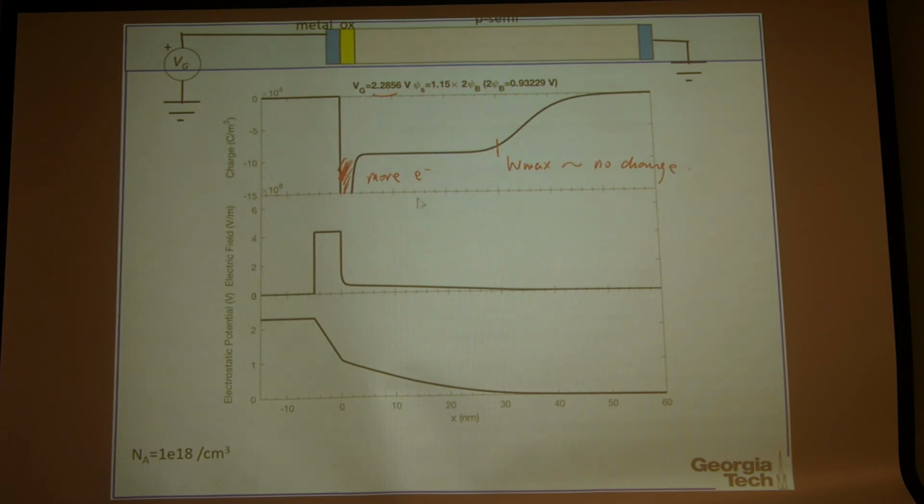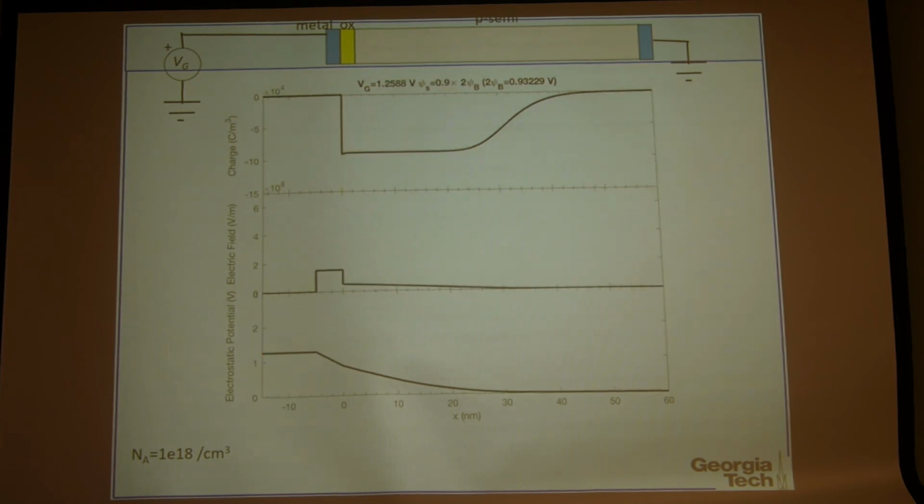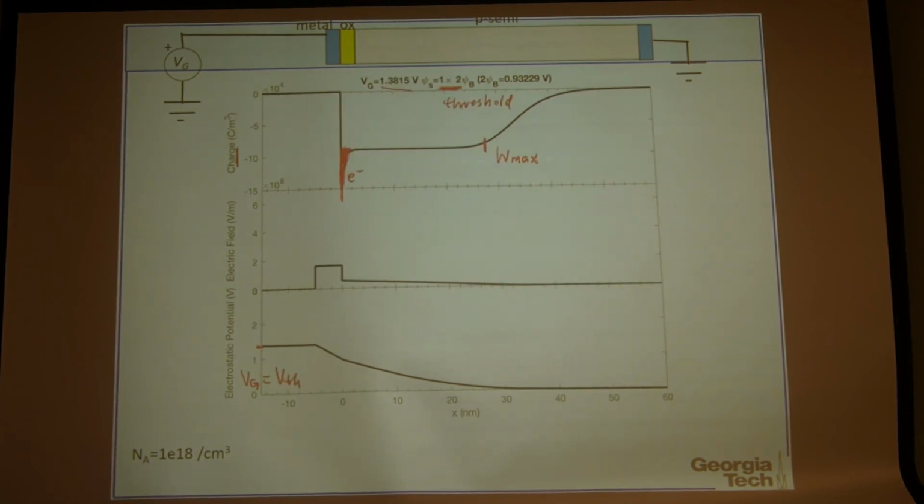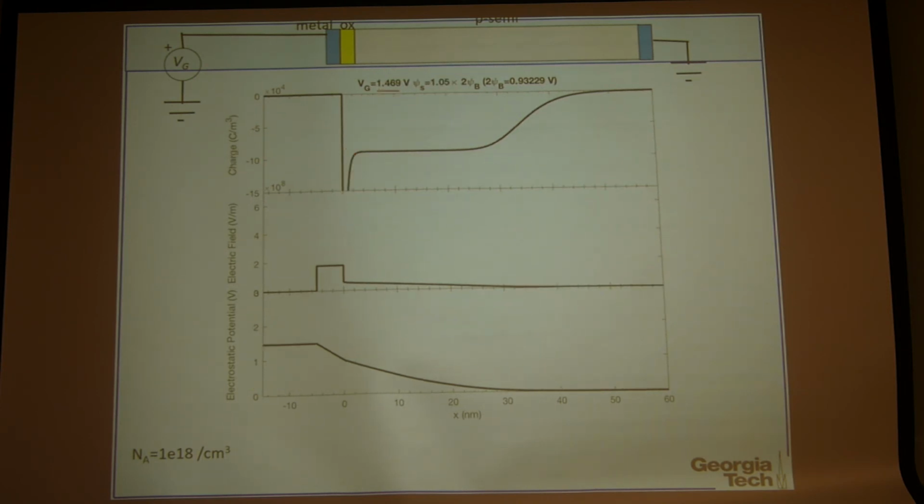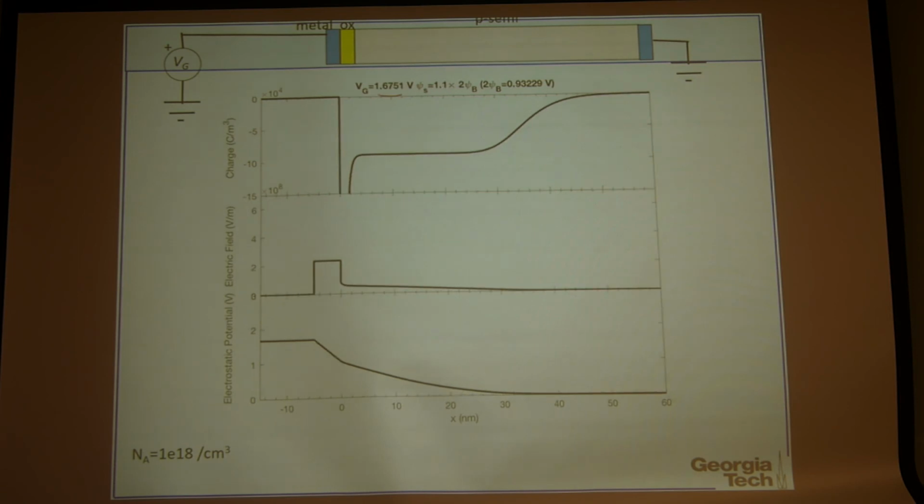And another observation is that the phi s actually does not change too much. If you compare from here, this is the threshold voltage. Now we have the phi s, which is this one. This is exactly at 2 phi b. And then we keep increasing the gate voltage.